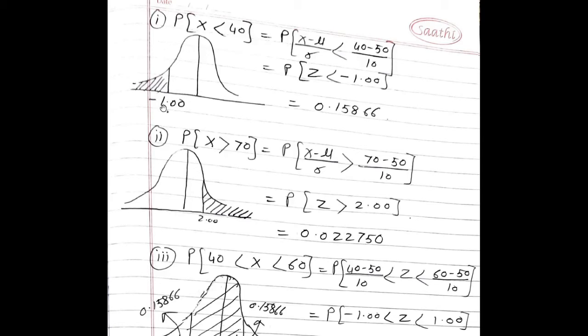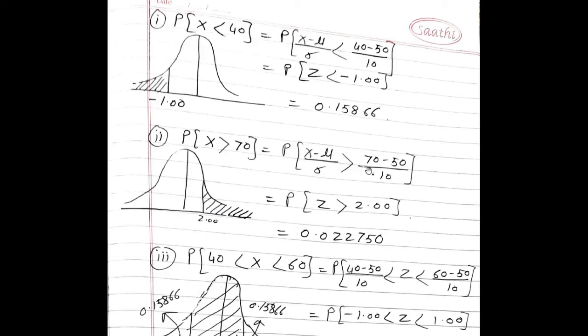We know that if I see the value of 1.0 in the 0 column in the normal probability table, I am getting the answer directly. So this is equal to 0.15866.